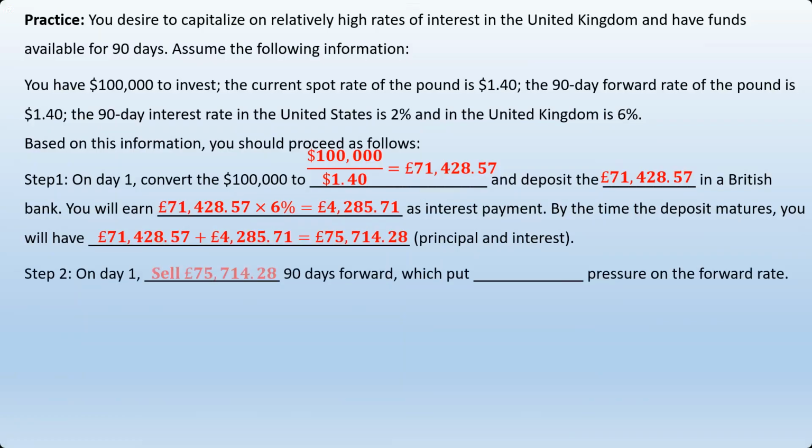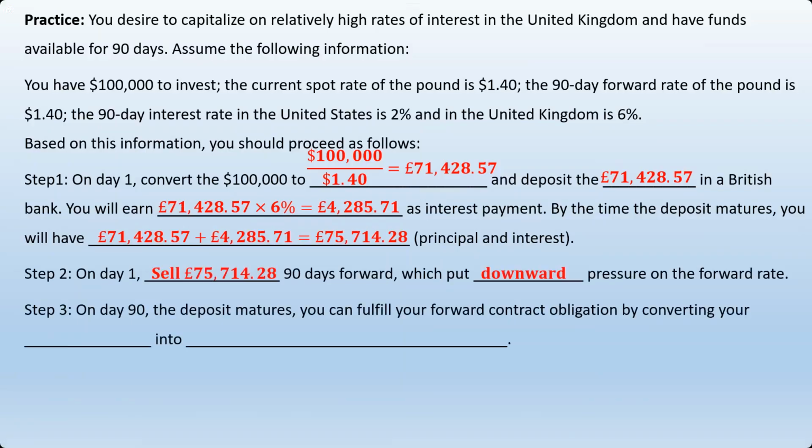And on day one, we're gonna again sell this amount of British pound forward. This is gonna put a downward pressure on the forward rate. On day 90, when the deposit matures, you can sell the British pound, and then the bank will give you US dollars.